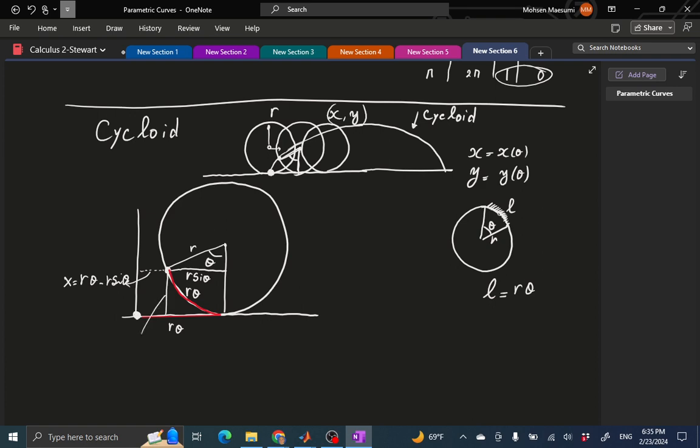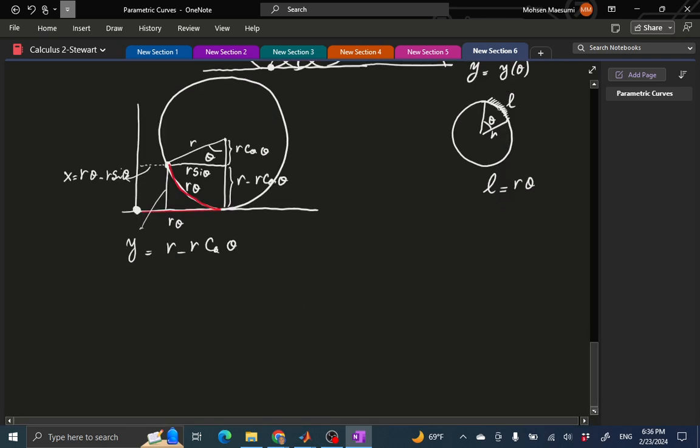How about the y? I want to find the y as well. Well, this one is r cosine theta. The whole radius is r, so what is left here is r minus r cosine theta. So y is r minus r cosine theta. Let's paraphrase all of these things.